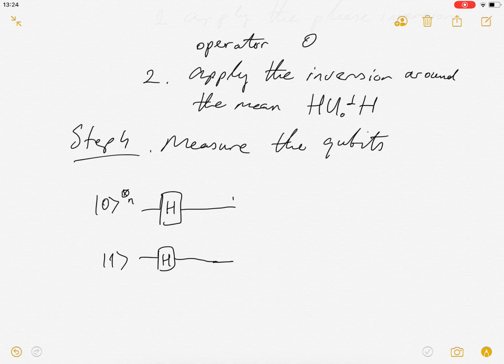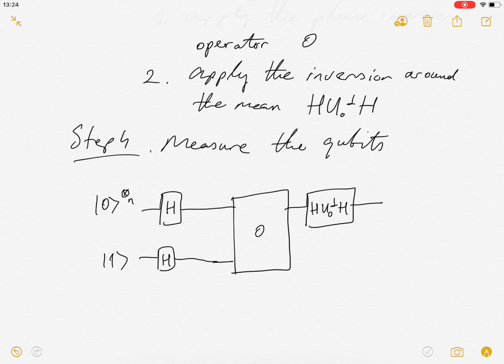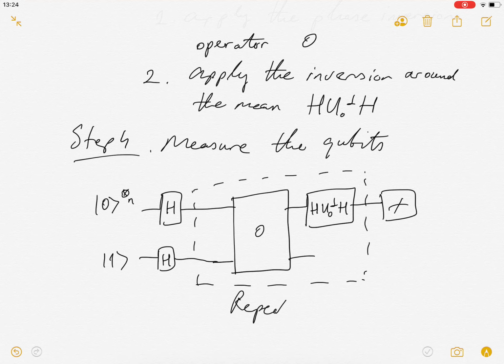And then we apply the phase inversion of the key value, that is the oracle O. Then we apply the inversion around the mean, H U 0 perp H. And then we measure the first register. So this part here is the Grover's iteration. So we do this approximately square root of n times.